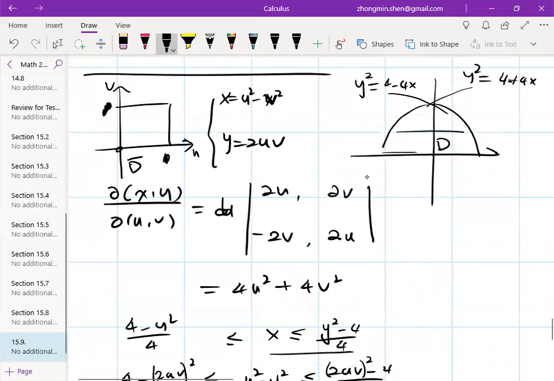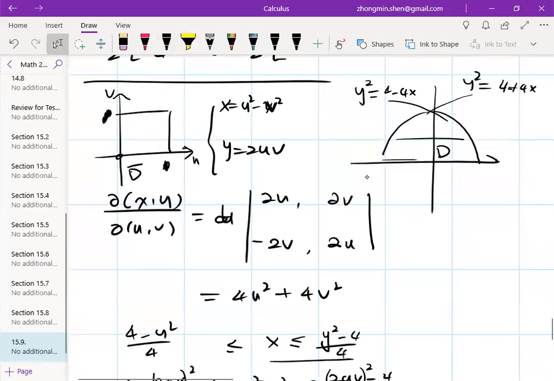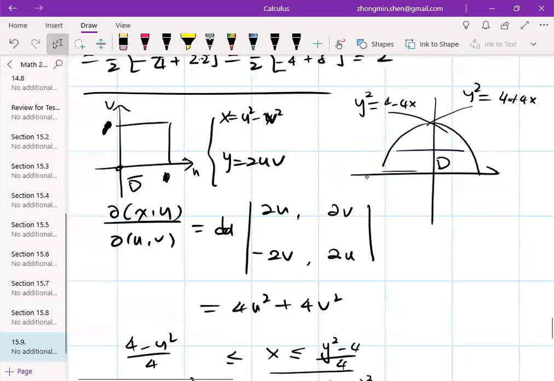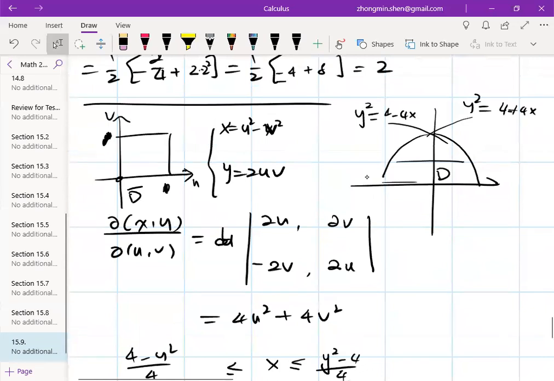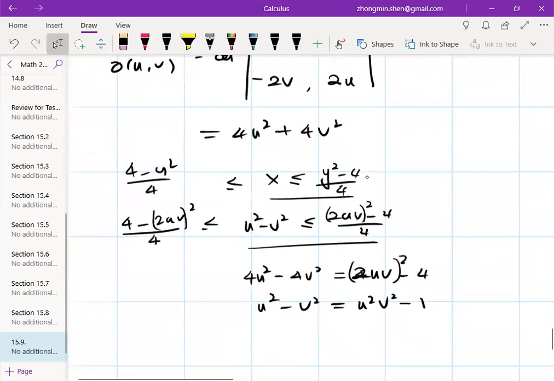When u and v are positive, y is greater than 0, okay? So I just need to see where this side goes and the other sides, the 3 sides, and find the relationship. Let me erase this part.